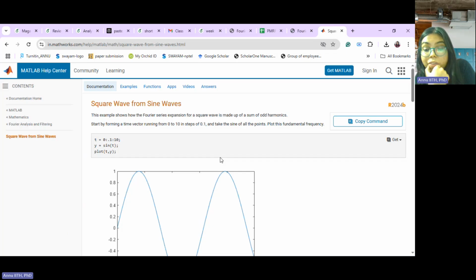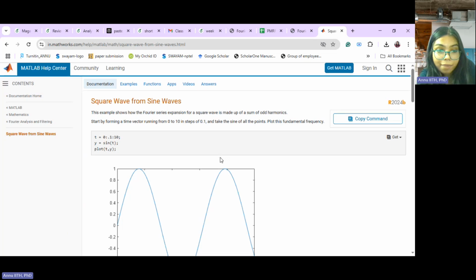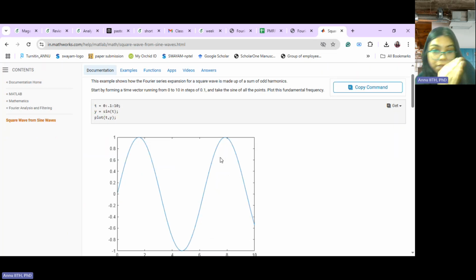Any periodic signal in the time domain is actually the sum of sine and cosine. And in the particular case of a square wave, that square wave is actually made of a sum of odd harmonics.